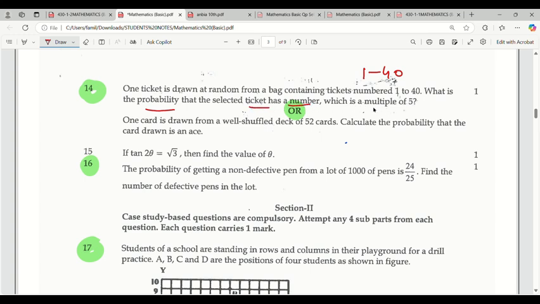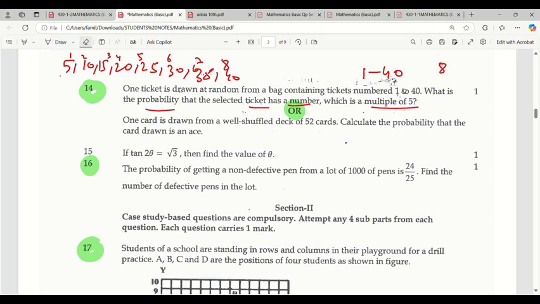Multiples of 5 from 1 to 40 will be 5, 10, 15, 20, 25, 30, 35, and 40. That is 1, 2, 3, 4, 5, 6, 7, and 8. So it will be 8 by 40.